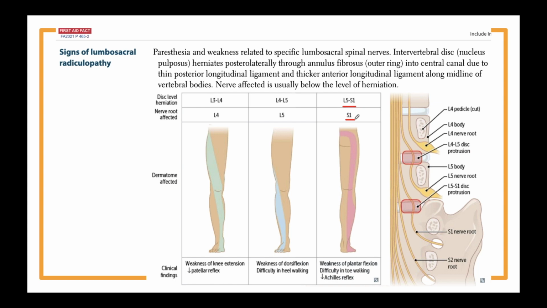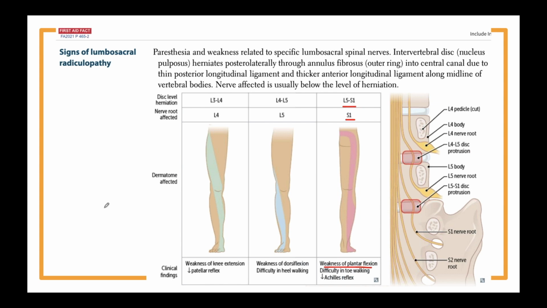What else can you see? Well, you can see weakness of plantar flexion. So patients with an S1 radiculopathy can have a weakness in plantar flexion. A weakness in dorsiflexion, as you can see one column over to the left, would be more with an L5 radiculopathy. And then weakness of knee extension would be more consistent with an L4 radiculopathy.